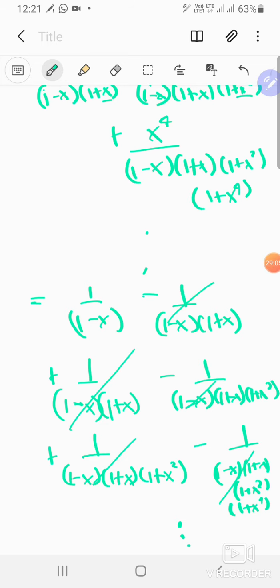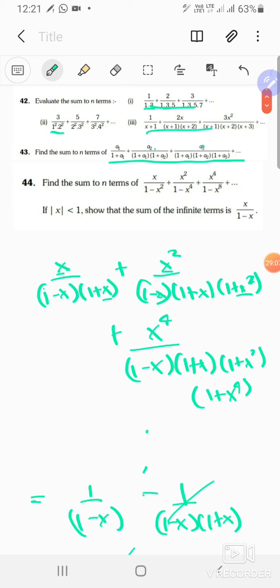Now we just need to figure out what's the last term. Find the sum to n terms of this. Okay, fine. When you put n in there, you get x to the 2 to the n. So we'll have x to the 2 to the n upon 1 minus x to the 2 to the n. That will be the last term, but negative, and you won't have that over there, you just have 1 over there.